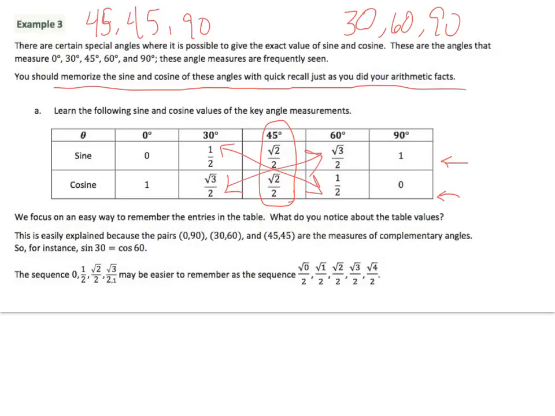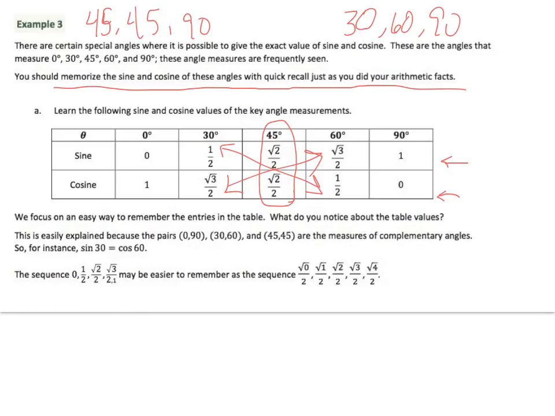Let's see what they say. This is easily explained because the pairs 0 and 90, 30 and 60, and 45 and 45 are all measures of complementary angles. For instance, sine of 30 equals cosine of 60, so that's why they flip back and forth.